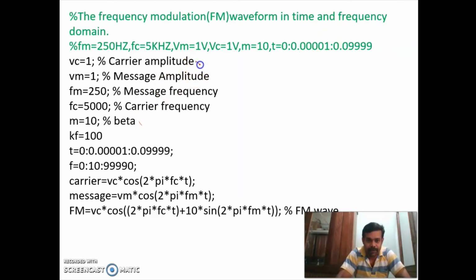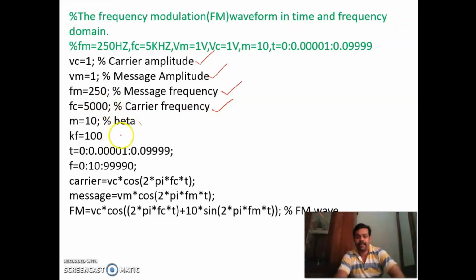So carrier amplitude is 1, message amplitude is 1, message frequency is 250, carrier frequency is 5000 Hz, since 5 kilohertz is 5000 Hz, the modulation index is 10, and the Kf value we are taking as 100.